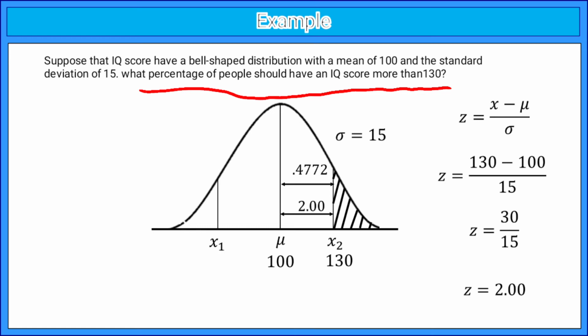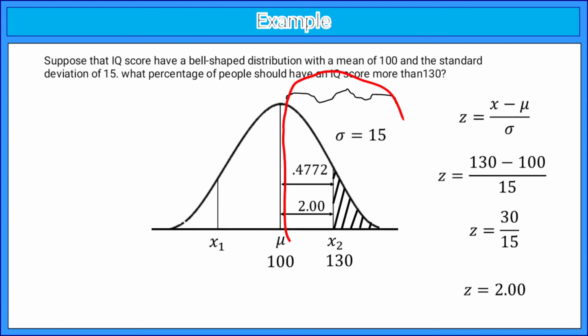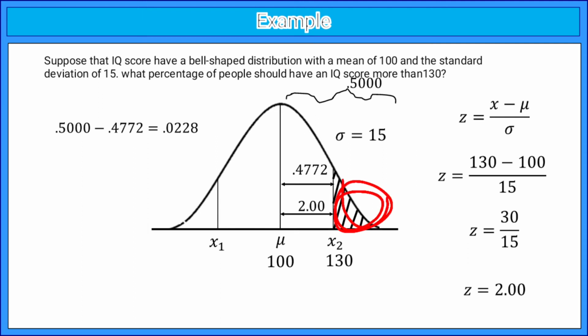Since we have only one raw score that lies on the right side, it means that on this distribution, this half is equivalent to 50% or 0.5. Again, we're just going to compute for this portion only, as you can see. We just subtract the value from our standard normal distribution table from 0.5.